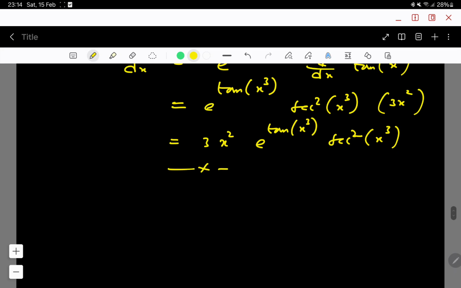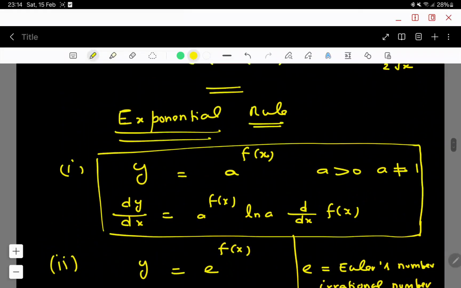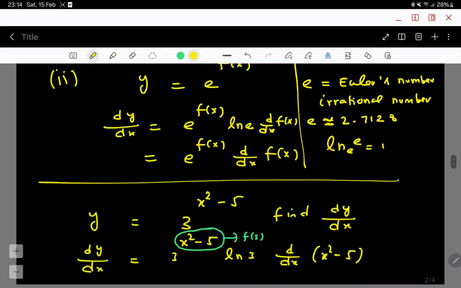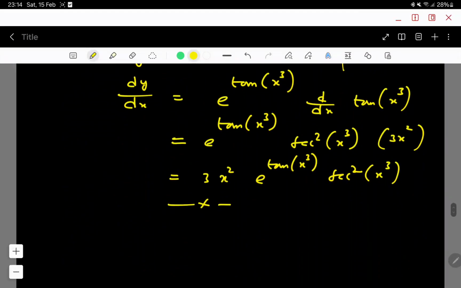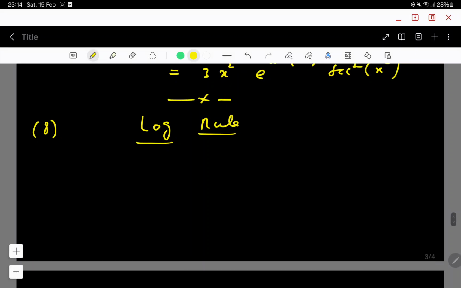And next rule is the eighth rule, the log rule. So y equal to log f of x.